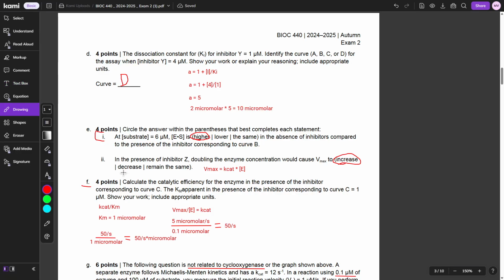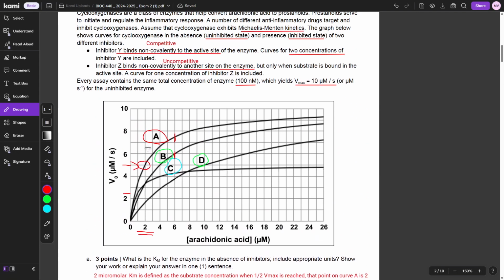So this one's a bit weird, but if you're looking at the substrate at 6 micromolar, in the absence of the inhibitor compared to the presence of the inhibitor, we're looking at curve A and curve B. At 6 micromolar, we can see that the V naught for A is quite a bit higher than B. V naught is the rate at which we're forming the enzyme product.